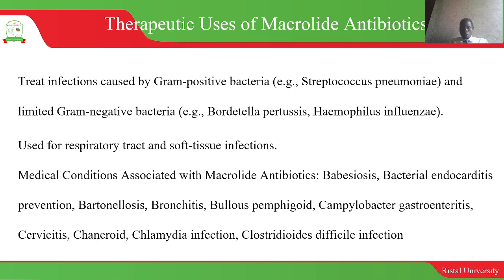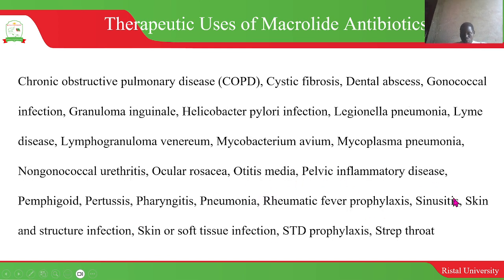Medical conditions associated with macrolide antibiotics include Babesia infection, bacterial endocarditis prevention, Bartonella infection, bronchitis, Campylobacter gastroenteritis, cervicitis, chancroid, which is an STI, chlamydia infection, also another STI, and Clostridium difficile infection. This is the range of infections that this drug is effective against.